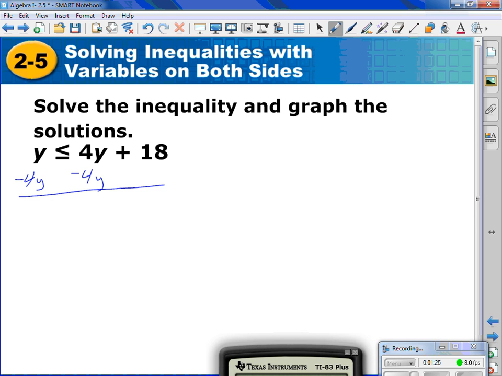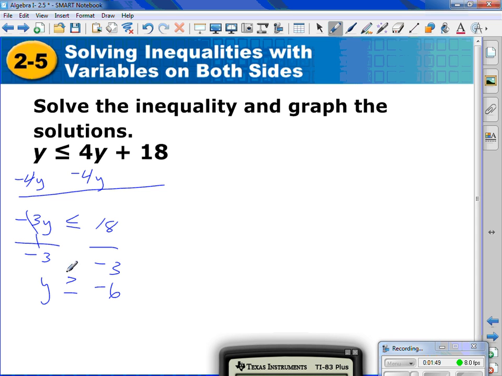So if I have a y and I subtract a 4y, negative 3y is less than or equal to 18. Divide by negative 3. Y is greater than or equal to negative 6.